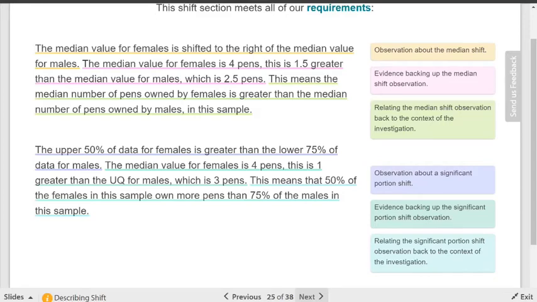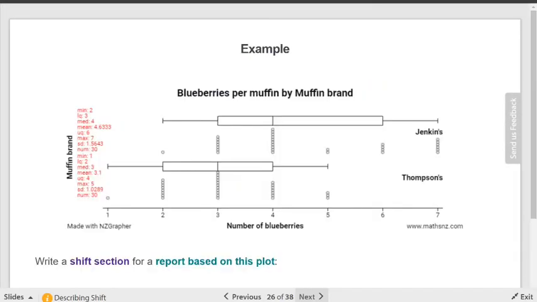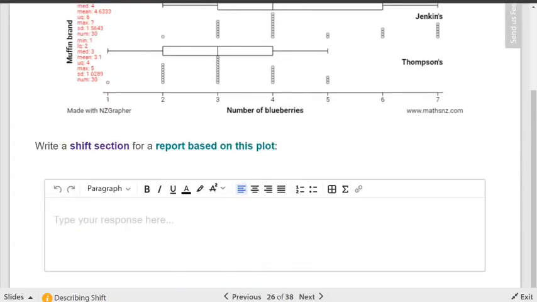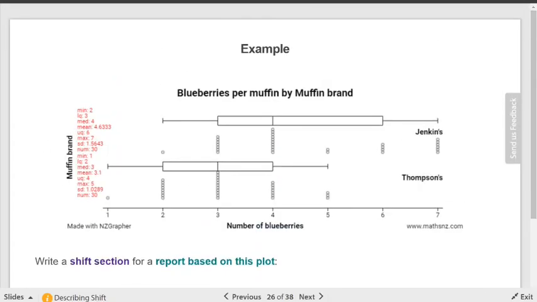So I'm going to get you guys to look at one. For example, here we have blueberries per muffin by muffin brand. Number of blueberries, Jenkins and Thompson's. You have the stats here, because if you look at this median for the upper one and this upper quartile for that one, is it really easy to see?